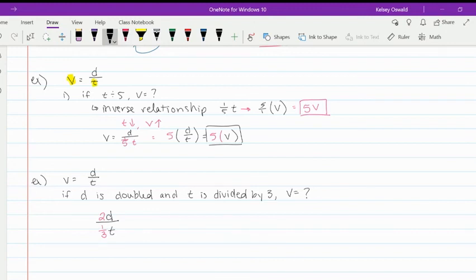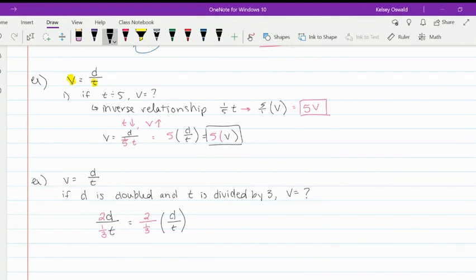We want to pull those multipliers out to the front so we can see how it's impacting our value for d divided by t as a whole. Okay, so here we have 2 divided by 1/3, so we're just pulling that out to the front, times d divided by t.